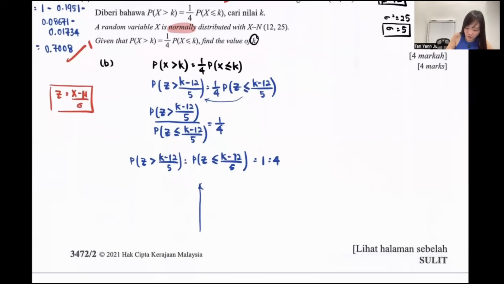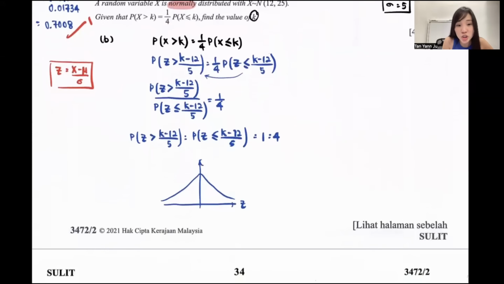If I draw the bell graph, this is how it looks. So where is K minus 12 over 5? Is it on the right side of the origin or the left side? Think it through. Done thinking? I think it's the right side.